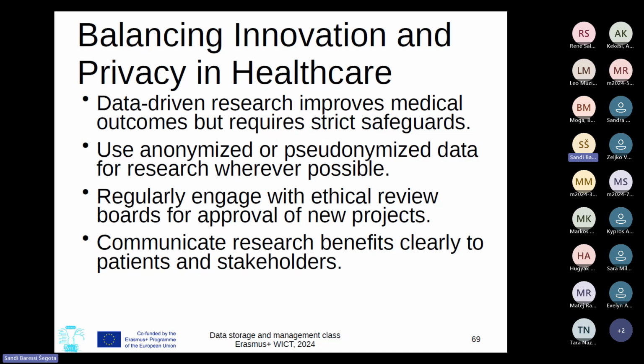So again, how do we accomplish this? How do we say it's fine? We want to use anonymized or pseudonymized data. What is the difference between the two terms? Anonymized data is data where your name has been removed. Pseudonymized data is data where your name has been removed but replaced with something else, like, for example, your patient identification number.